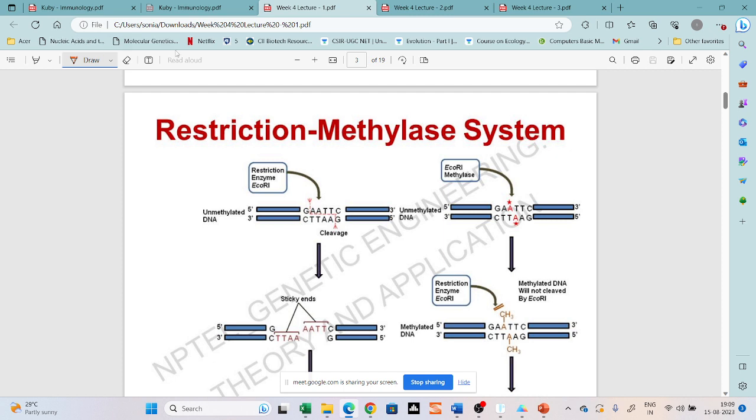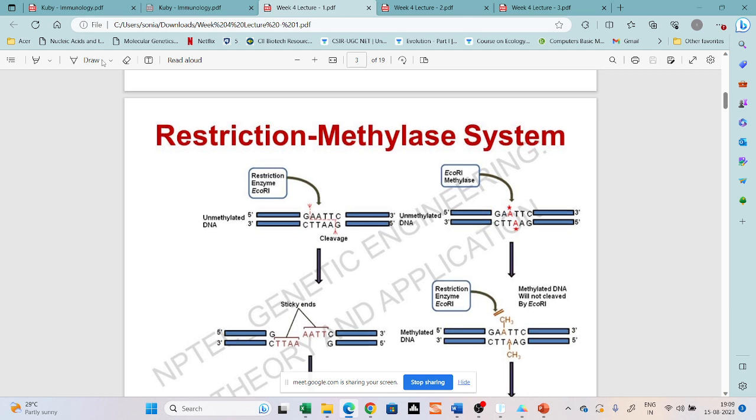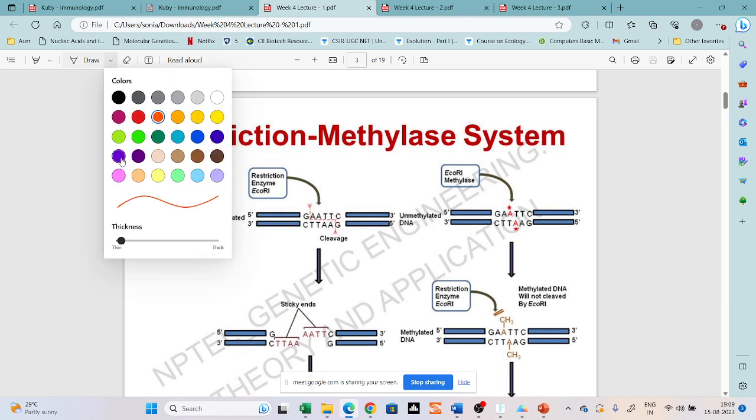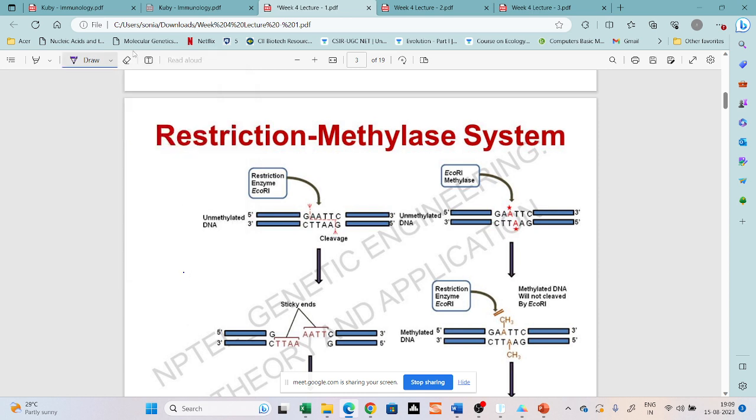So basically, bacteriophage are the viruses that infect bacteria. Now, because bacteria are getting affected by bacteriophage, bacteria have made a system so that they can protect themselves from bacteriophage.